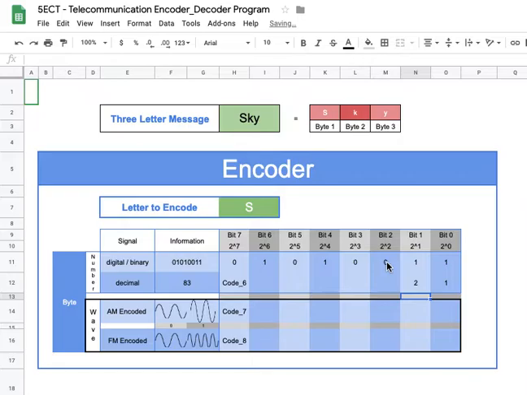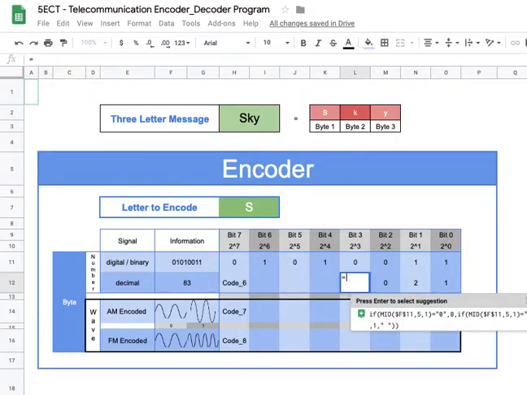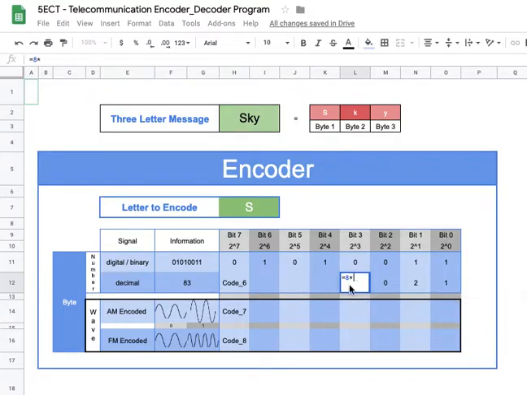Now this is the 4s. And we have 0 4s, but we might in the future have a 4. So we still need to code this. So this cell equals 4 times the number up here. Of course, it's 0, so it stays 0. We don't have any 8s, but we might in the future. So again, equals 8 times this number.